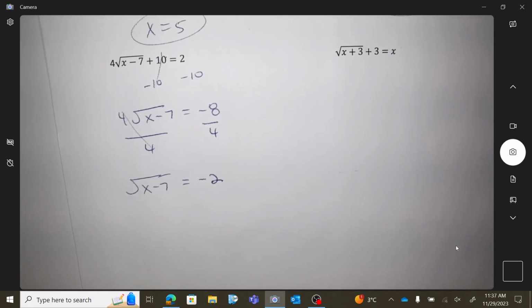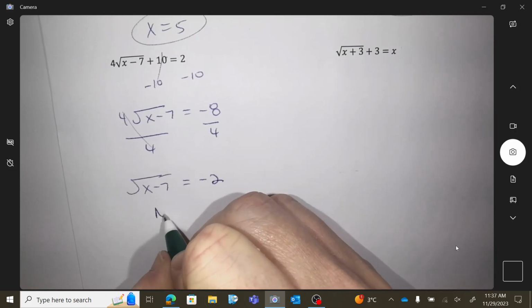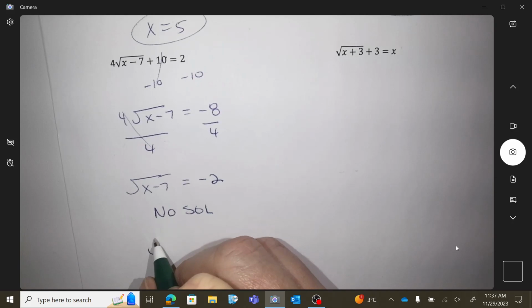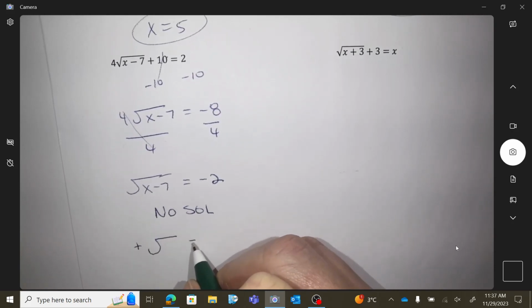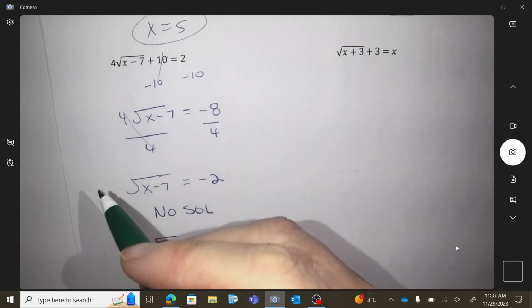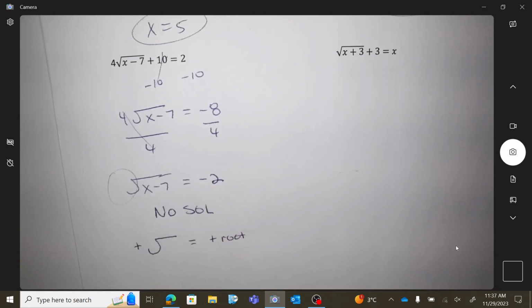And what do you know at this stage, once you get to here? You should be writing no solution. And the reasoning is because we're implying the positive root. If there's nothing in the front there, it's implying what's the positive root of something.